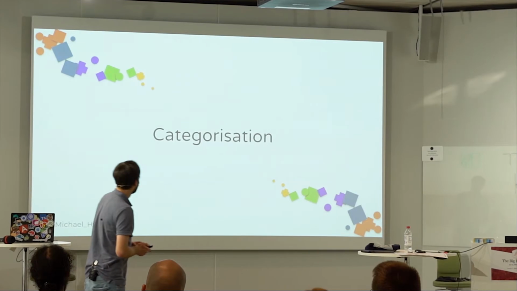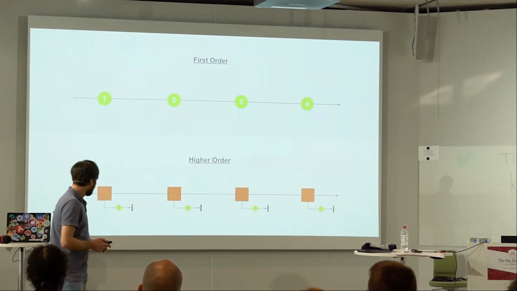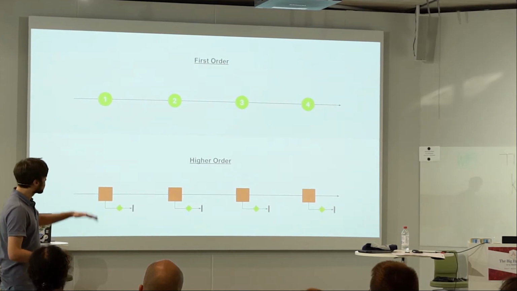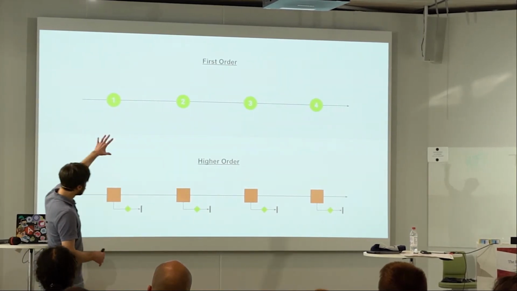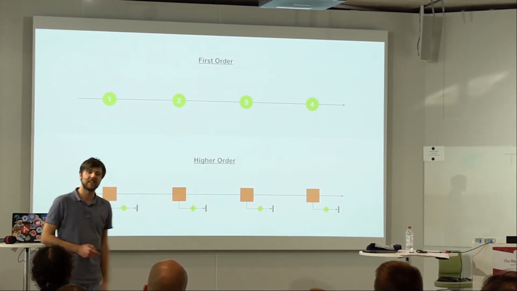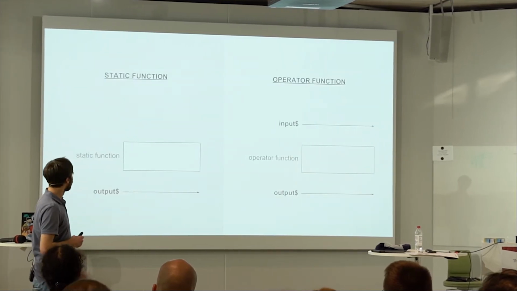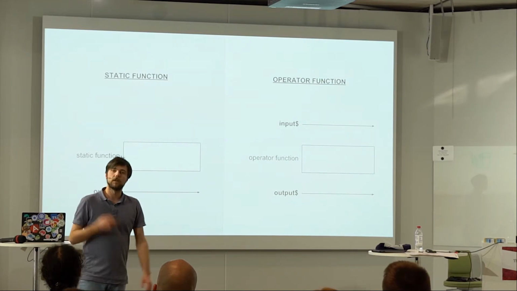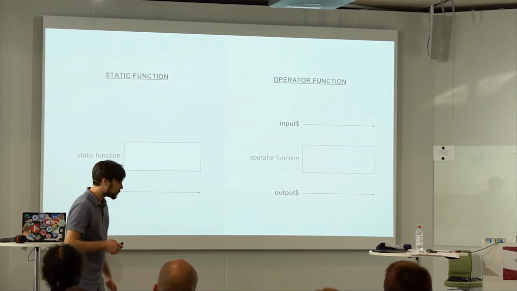Very good. So this was the terminology. Now let me categorize them. So the vertical categorization is either first or higher order operators, and then I will have static functions or operator functions.